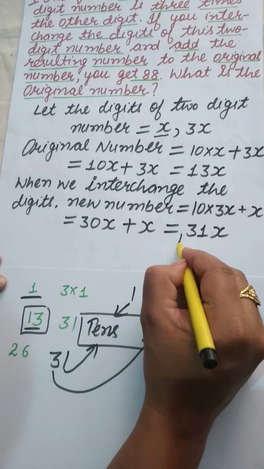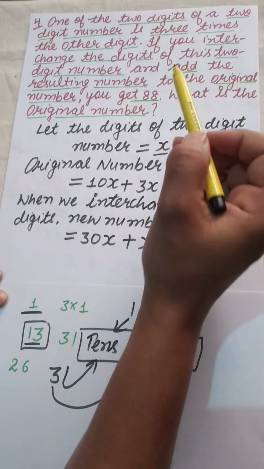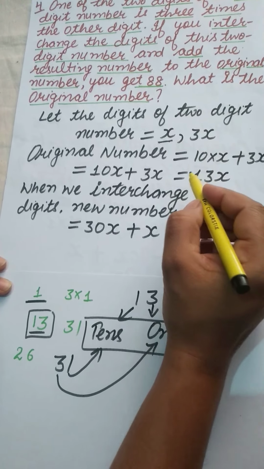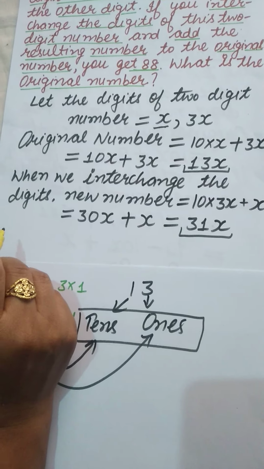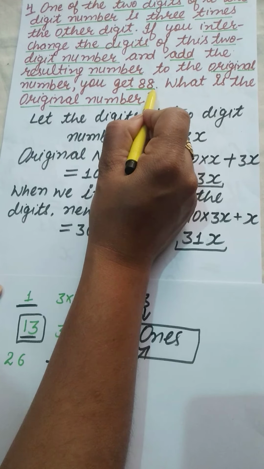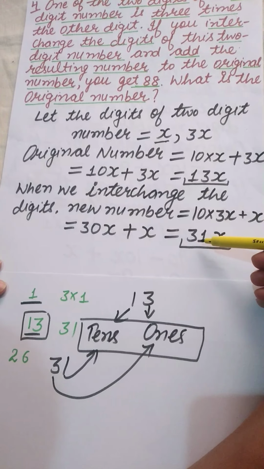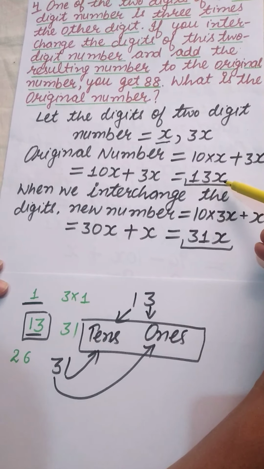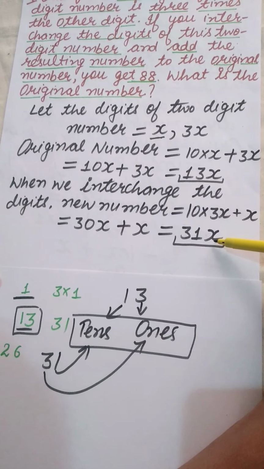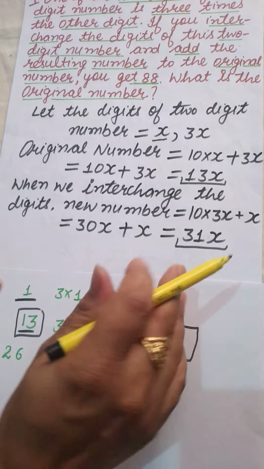Now the next condition is, add the resulting new number to the original number. The resulting new number is 31x and the original number is 13x. You get 88. It means if we add the new number to the original number, then the sum of these two is equal to 88.